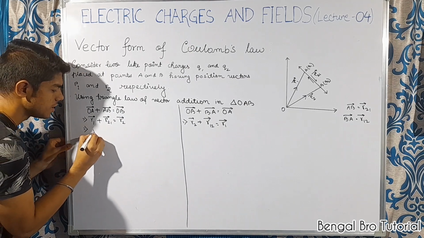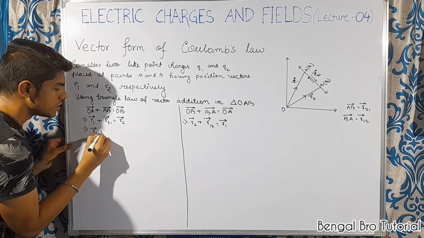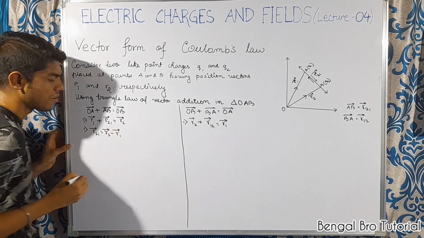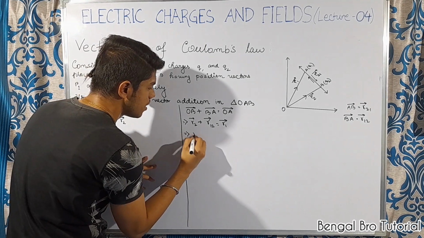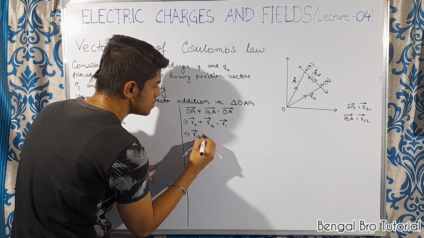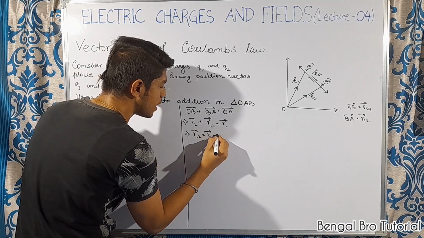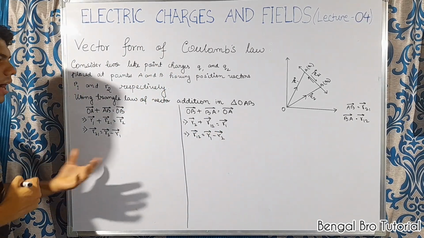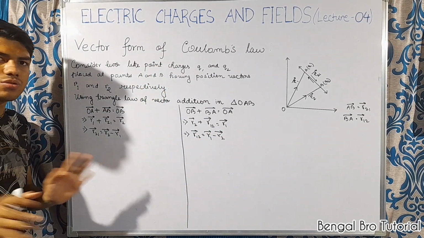It implies R21 is equal to R2 minus R1 and R12 vector is equal to R1 minus R2. Up to this much you all have understood?